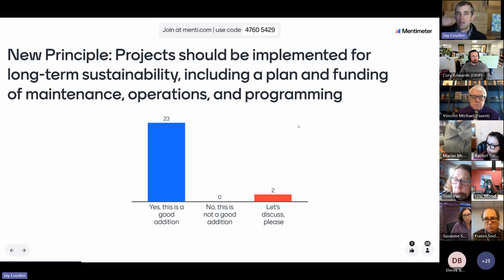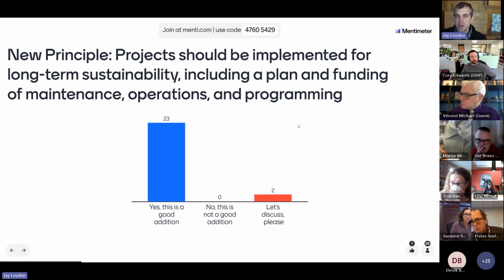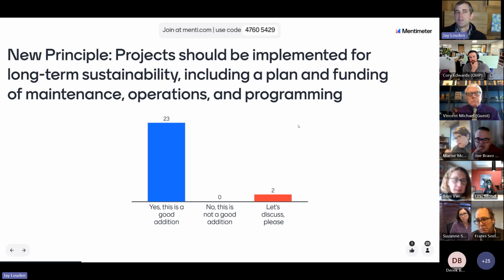There's a level of screening with the guiding principles: if you can't meet that, it doesn't move forward to prioritization at all. And then the criteria are all about prioritizing which projects should receive public funding first. I don't know if that helps clarify. Okay, that's pretty overwhelming. We're going to keep going unless there's any more discussion.